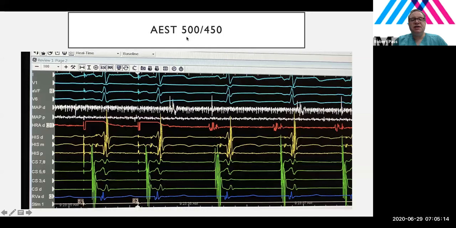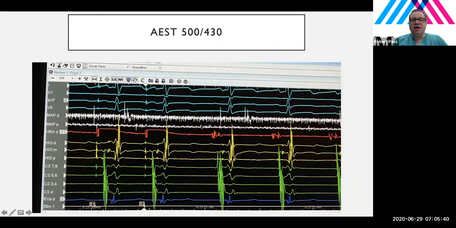So in this case, 60,000 divided by 500 would be a rate of 120. And then we put in an extra stimulus or an S2 beat at a certain cycle length. And every time we do it, we drop or decrement the extra stim by 10 milliseconds. So here we are 500 to 450, and we're looking at the A, H, and V.